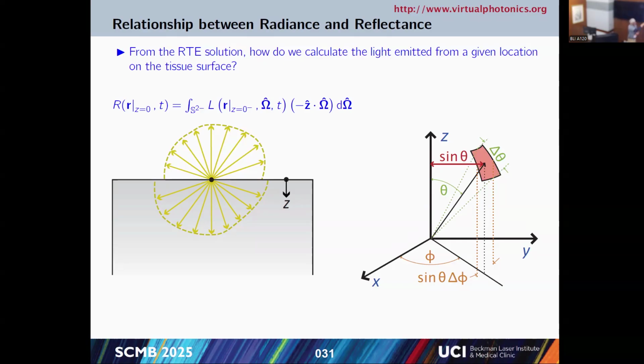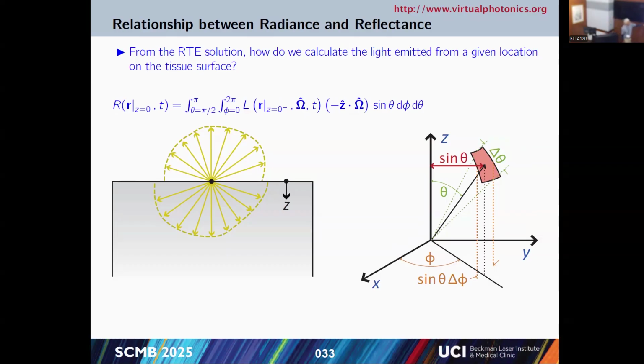So that is just a cosine theta correction. And the integration is done the same way. You only integrate where omega dot z is negative, and you have integration from, in this case, pi over 2 to pi in theta, and again, 0 to 2 pi there. So that's how you would compute reflectance from a solution to the radiance.